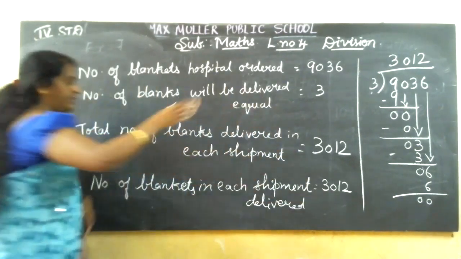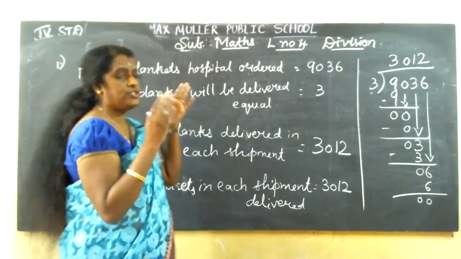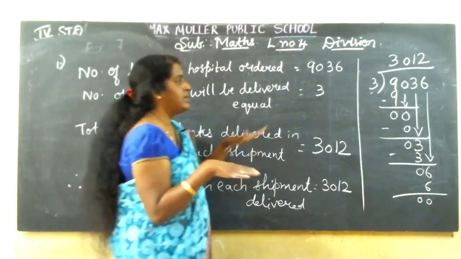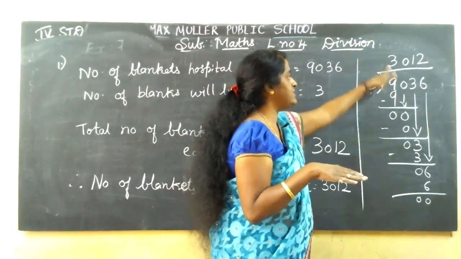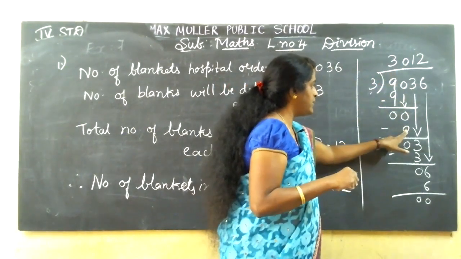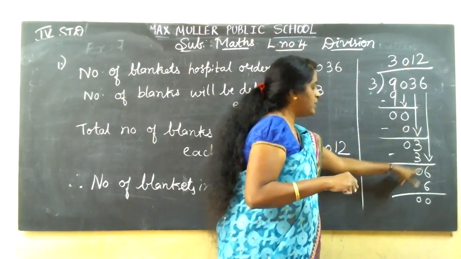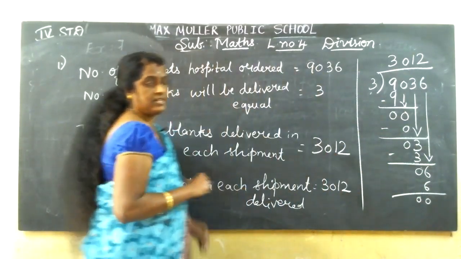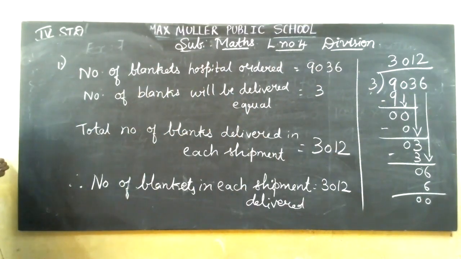So they are divided into 3. So if it is 9,000, how much should be delivered equally for 3 shipments. So 3 divided, see 3 threes are 9. Here 0, bring down 0, 3 zeros are 0, bring down 3, 3 ones are 3, 0, bring down 6, 3 twos are 6. Yes, it is very easy division. Okay, children, if you learn tables, it is easy. Let's copy down this.